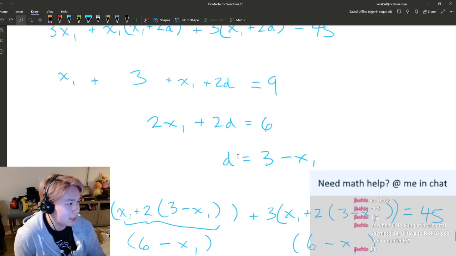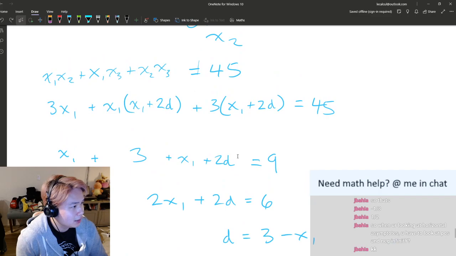Man, I really don't want to do it the mark scheme way, because it's really not how I would have approached this question.